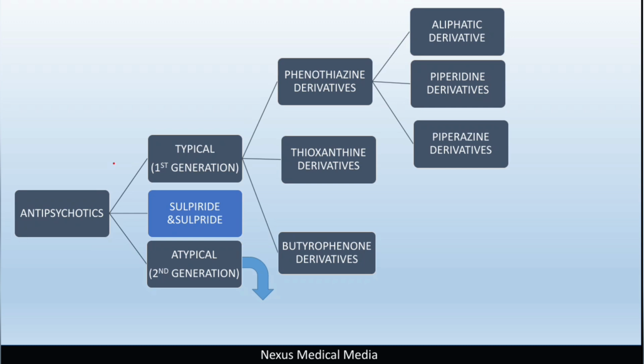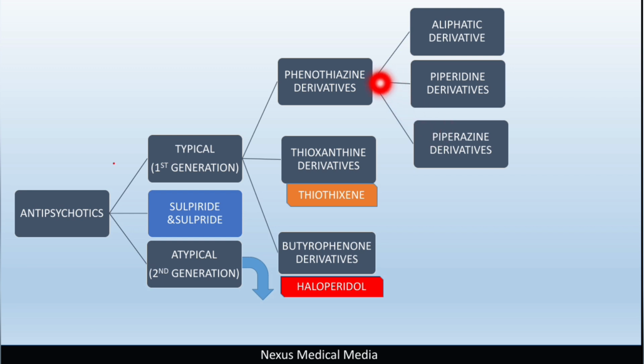Antipsychotics are divided into two main groups: typical or first generation antipsychotics and atypical or second generation antipsychotics. The typical antipsychotics are further divided into three groups: phenothiazine derivatives, thioxanthene derivatives, and butyrophenone derivatives. Under thioxanthene, you have one drug called thiothixene, and under butyrophenone, you have Haldol or haloperidol.